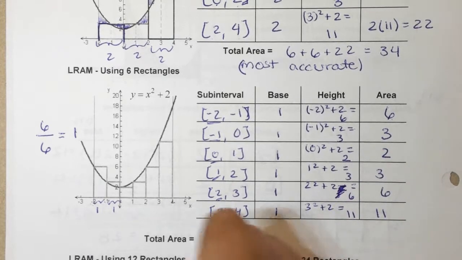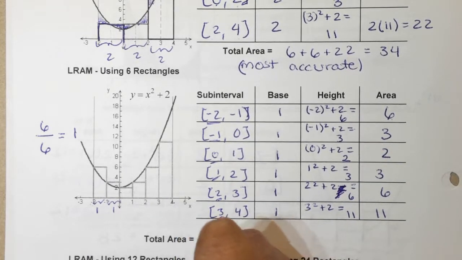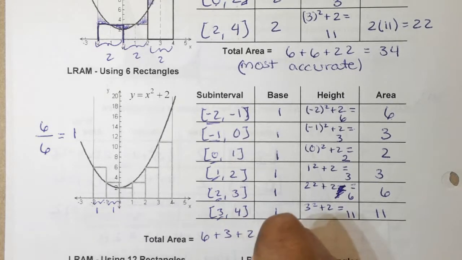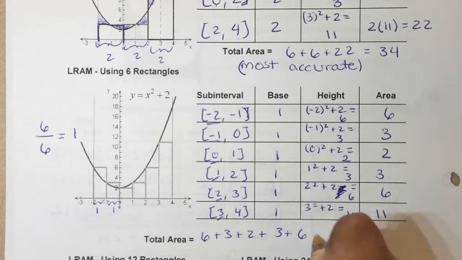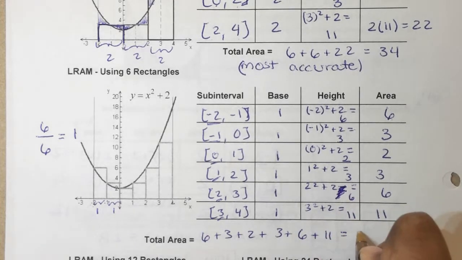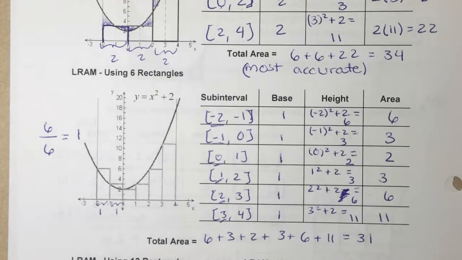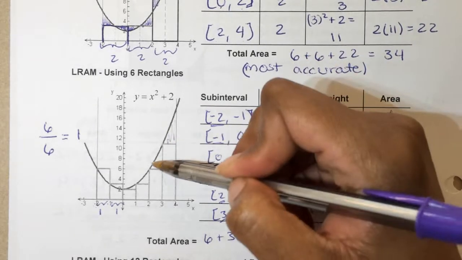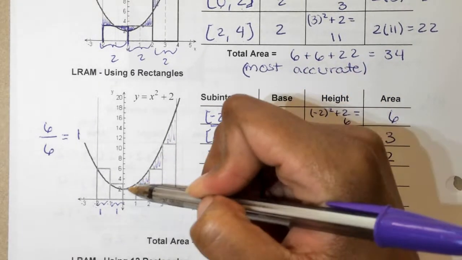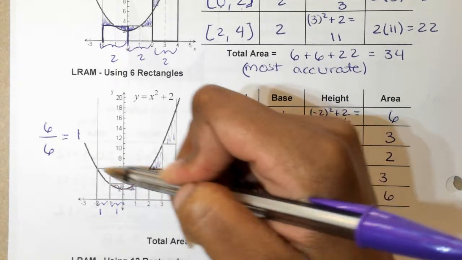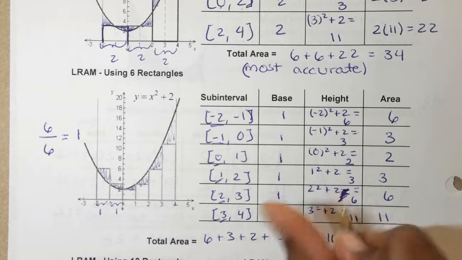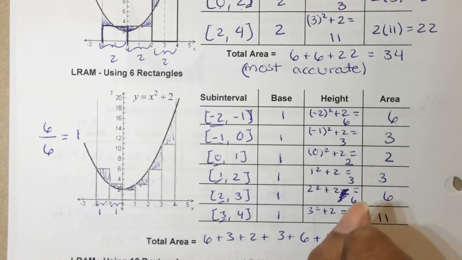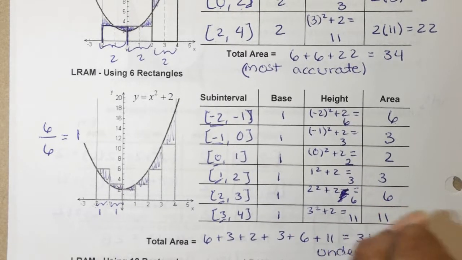So our total area will be 6 plus 3 plus 2 plus 3 plus 6 plus 11 gives us 31. So looking at the space in here, there's still more space unaccounted for than over accounted for, so this is still under or a low approximation.